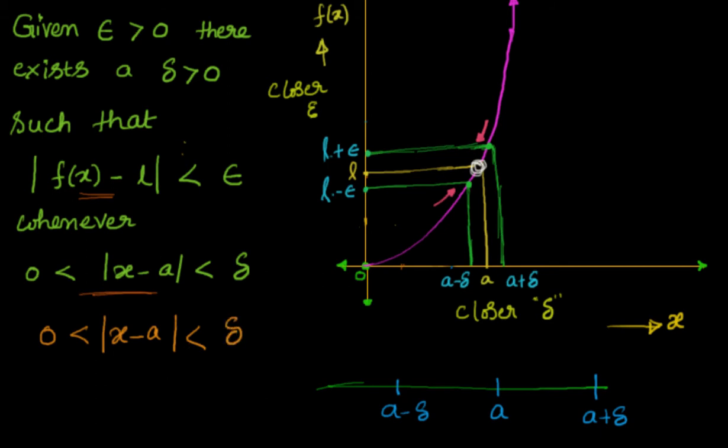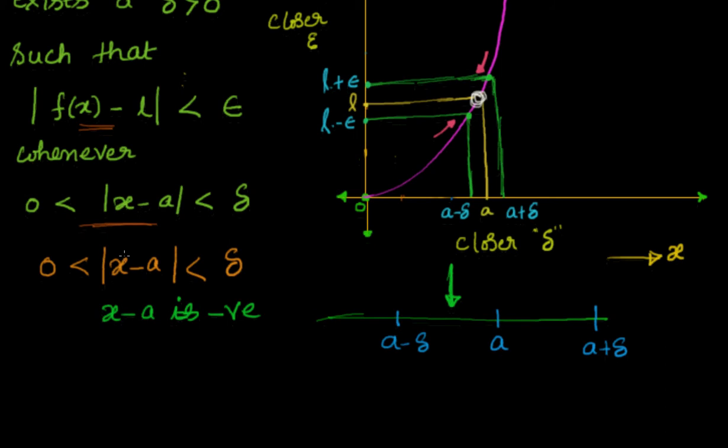Now let us say that x is between a minus delta and a. In this case, x minus a is negative. You know that the mod function will make it positive, so mod of x minus a is equal to minus of x minus a.